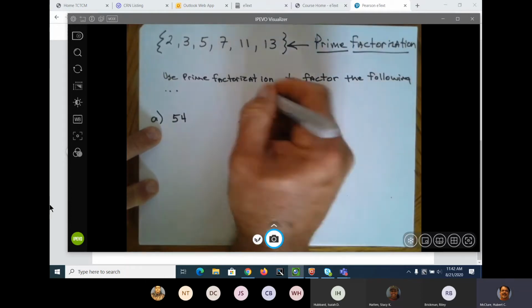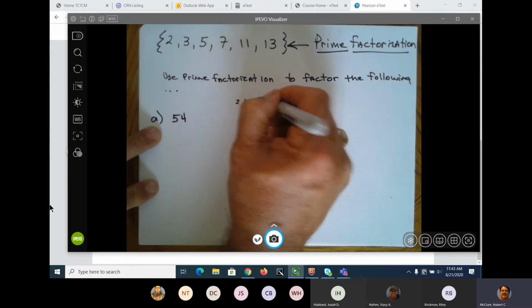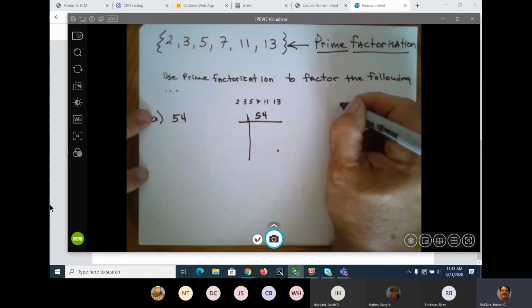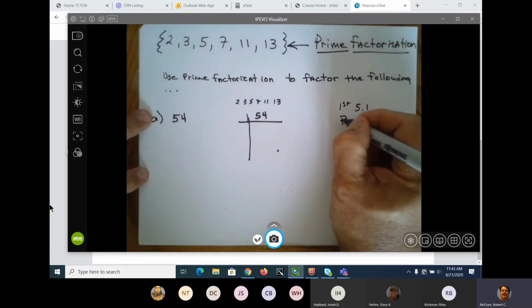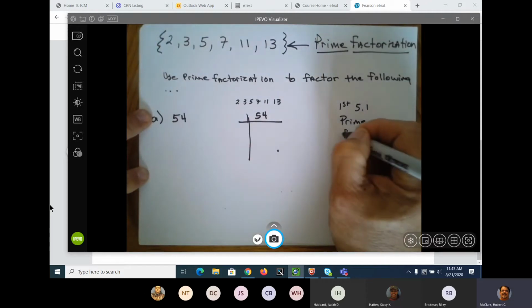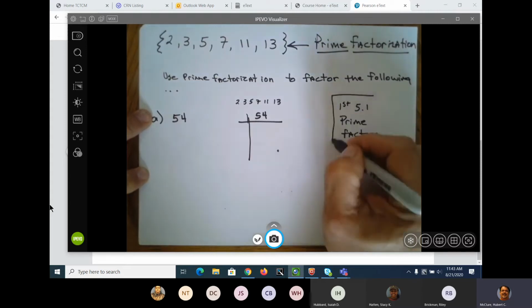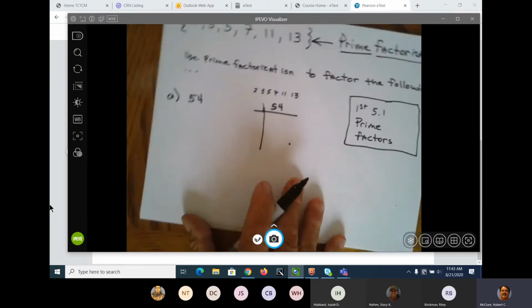And I put 2, 3, 5, 7, 11, and 13 right there. Now this is the first part of 5.1. The first part of 5.1 is prime factors. And you're talking probably about 2 or 3 problems on the test of prime factorization.